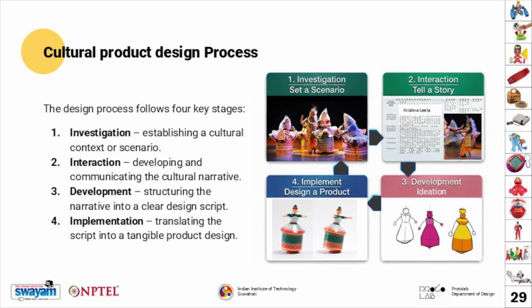This stage involves interaction between culture and technology, dialogue between users and designers, and understanding user needs within their cultural context. Storytelling is used to describe user needs and shape the product's cultural character.